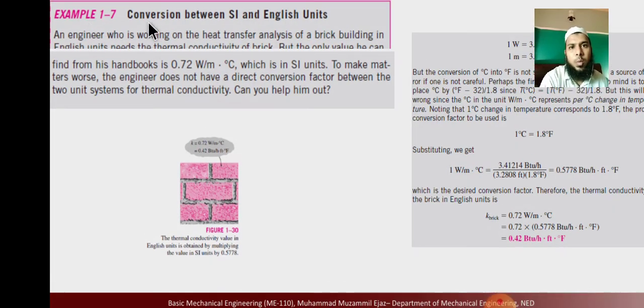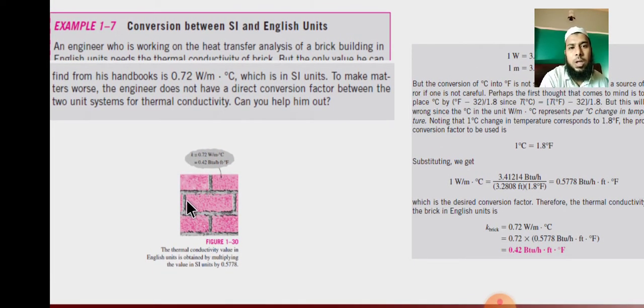It is example 1.7. It is related to bricks that are used as a construction material. An engineer who is working on the heat transfer analysis of a brick building in English units needs the thermal conductivity of bricks, but the only value he can find in his handbook is 0.72 watt per meter degree centigrade, which is an SI unit.